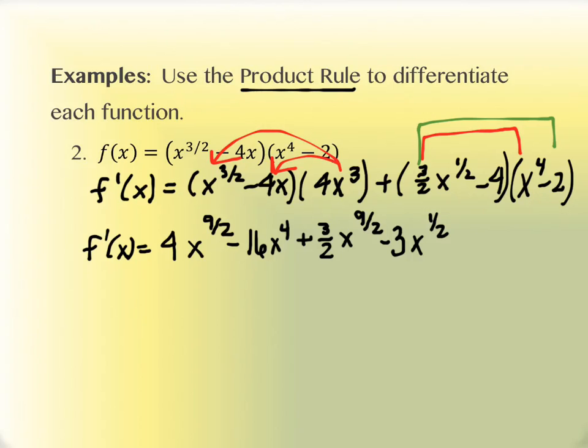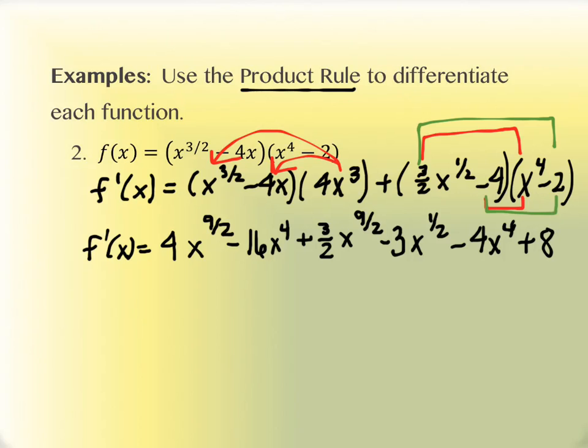I think we're ready for our inside terms, right? Well, that's a nice one, isn't it? What do I get there? Negative 4x to the 4th. And then the last terms right here, what do I get? Plus 8. Is everybody good with the distribution?